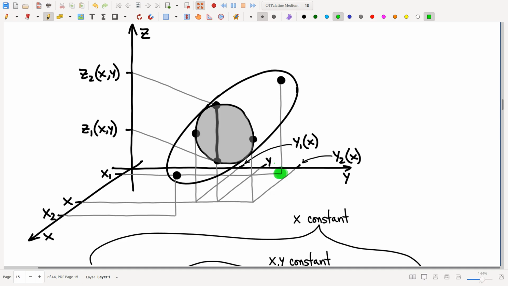For that x and that y, our little slice in the z direction is just a point, right? So yeah, we'll get to it. It's just that we get to it for sort of extreme values of x and y.